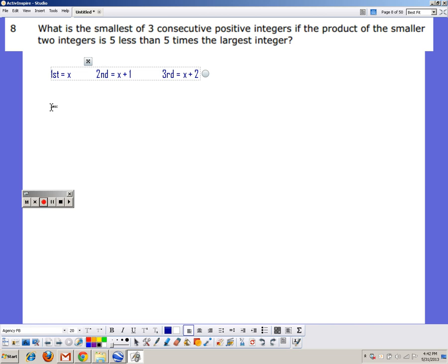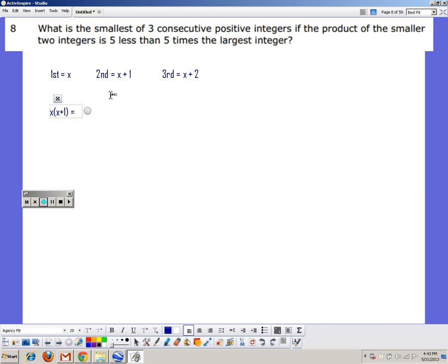Now they tell you that the product of the two smaller ones is 5 less than 5 times the larger integer. Okay, so the product of the smaller two. So I have x times x plus 1 is 5 less than. That means the minus 5 has to come behind the next part.